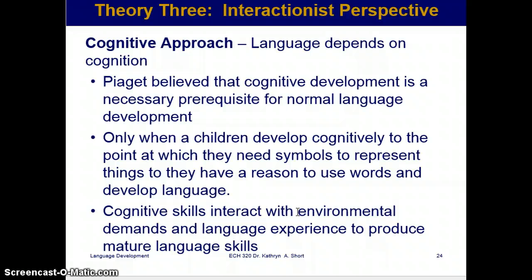Point 1, Piaget believed that cognitive development is a necessary prerequisite for normal language development. Point 2, only when children develop cognitively to the point at which they need symbols to represent things, they have reason to use words and develop language. Point 3, cognitive skills interact with environmental demands and language experience to produce mature language skills.